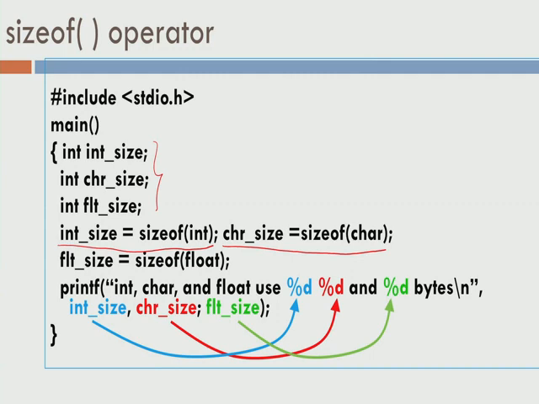These things can vary across different machines, but the basic point is whenever you do size of int, for the machine that you are running on, it will tell you how many bytes are required to store an integer. In most modern machines, the size of integer is either 4 bytes or it can be even 8 bytes.